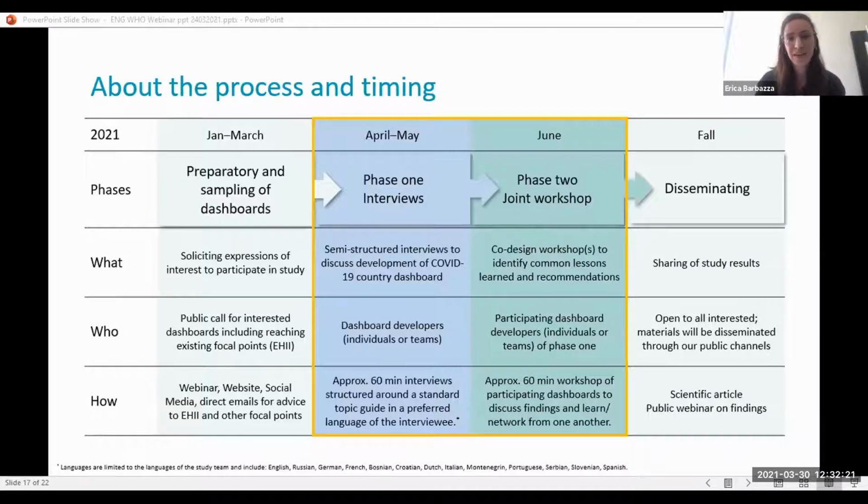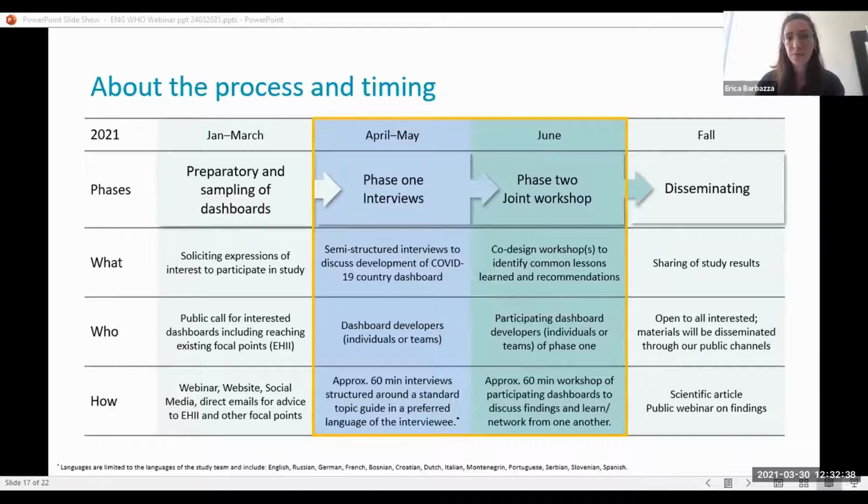Now, the second phase of the study that follows, we hope will take place before the summer holidays. And in that phase, we'll be convening the participating dashboard teams in workshops to directly exchange and share experiences.